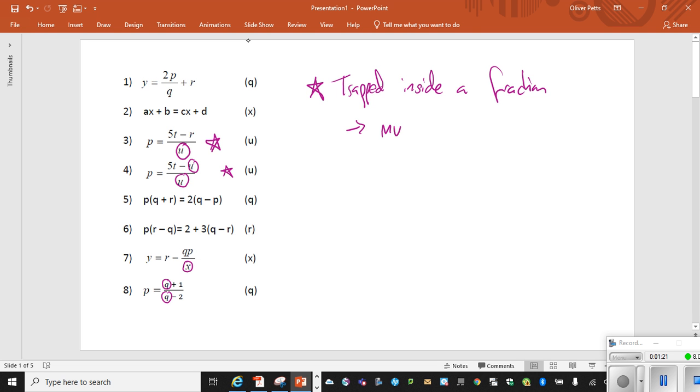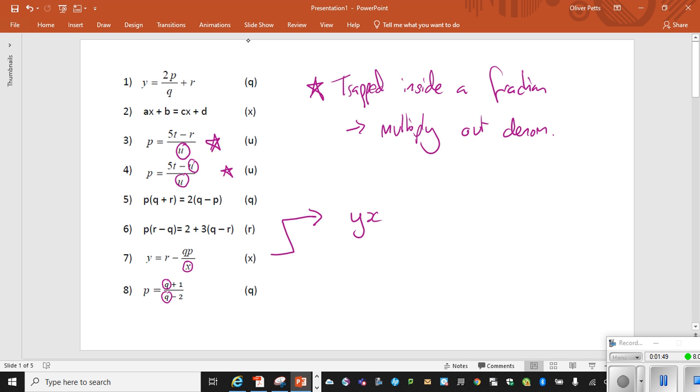Then it's important to break that fraction up. So you want to multiply out the denominator. By removing the denominator, it gets multiplied through to the other side. You have to be a little bit careful though. For example, if I look at question 7, if we were to multiply through by x, x will appear on the other side.